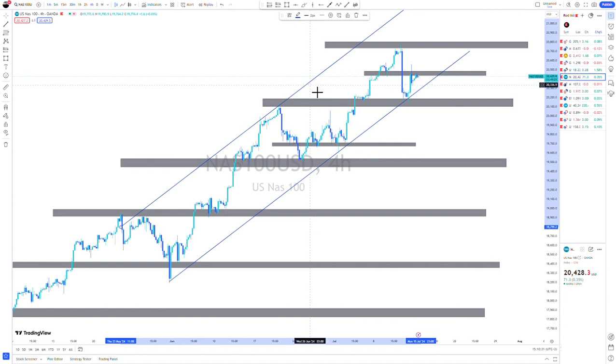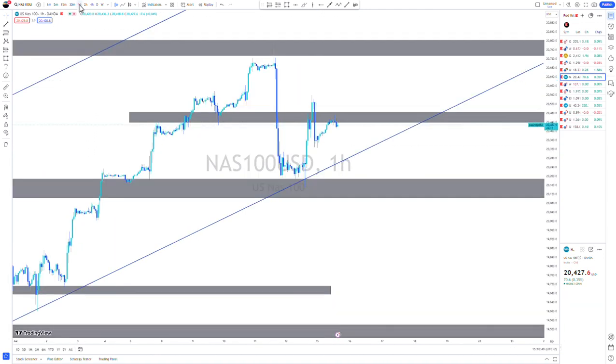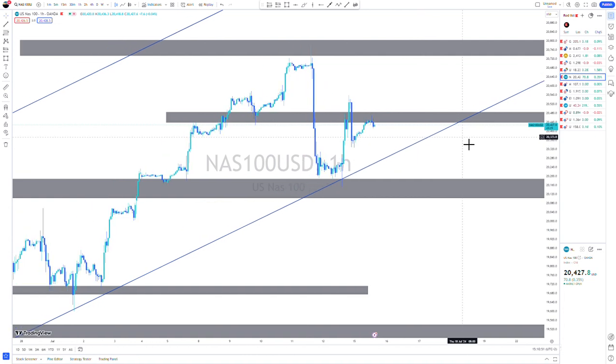All right, so for now, by just looking at this, I can already tell that gold is on an uptrend. Pardon me, this is Nas, it's not gold. I can tell that Nas is on an uptrend also. It's been buying like crazy, it's been going up like crazy, and it's currently at a level.